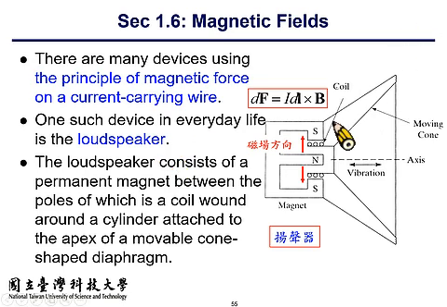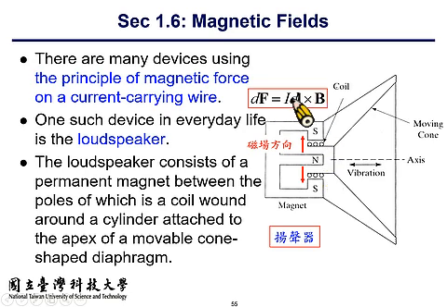So let's see how it works. Supposing that the current direction is pointing outward on the top half and inward in the bottom half, then the current is flowing in this direction.